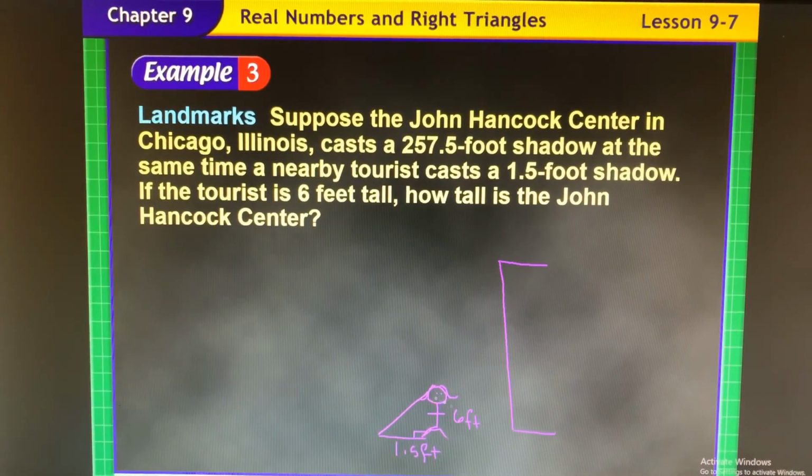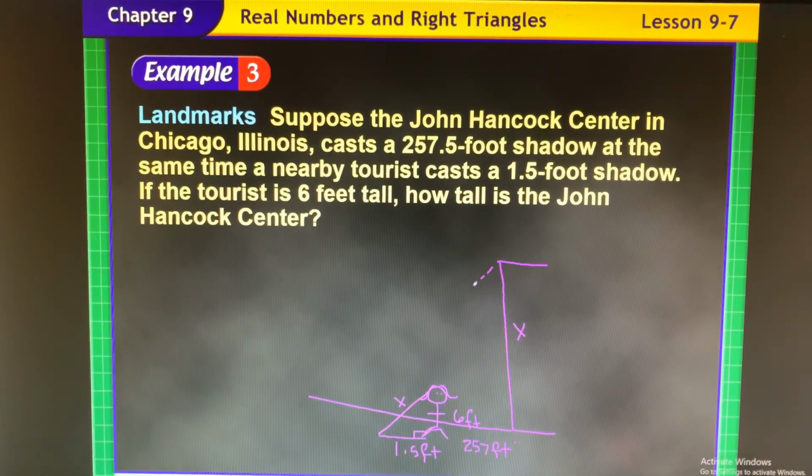So it looks like I'm looking for this right here. Looks like the hypotenuse. The John Hancock, which I drew too close to her, is casting a 257-foot shadow. We're looking for how tall this building is.